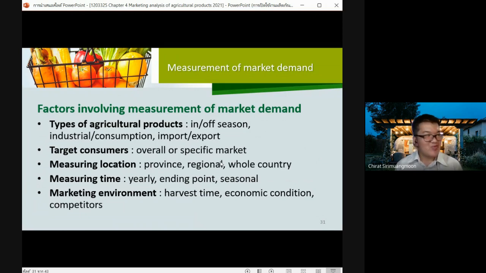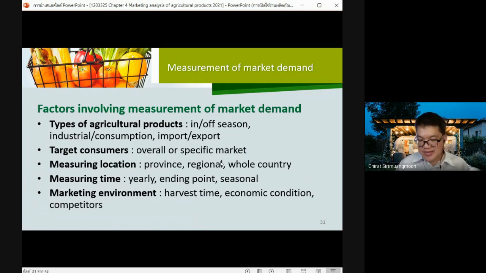In regional effects, for example, the northern part of Thailand and the northeastern part of Thailand might have higher demand for sticky rice than other locations. So the demand for sticky rice is a lot, this way. Or if you want to see the whole country's demand, that is also okay.